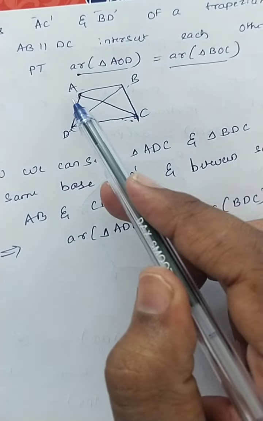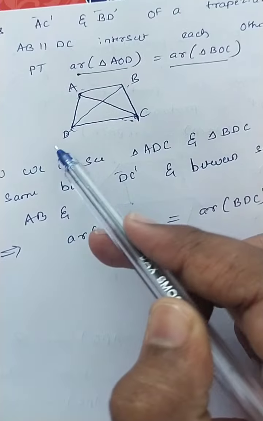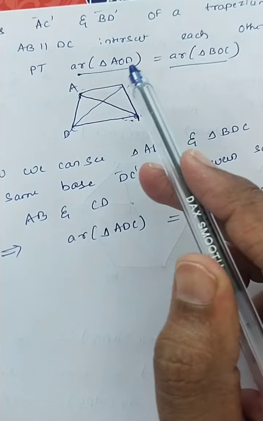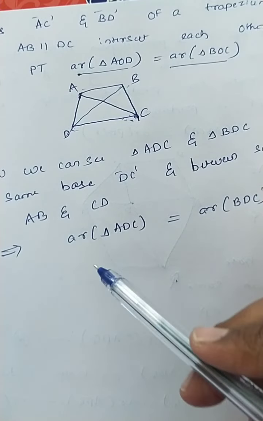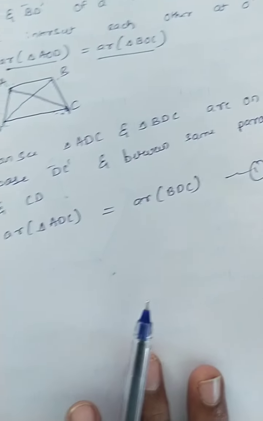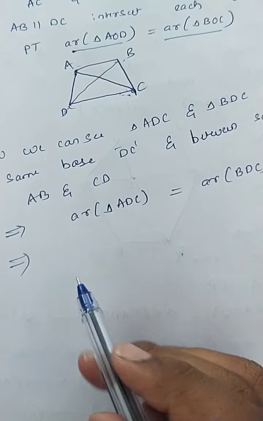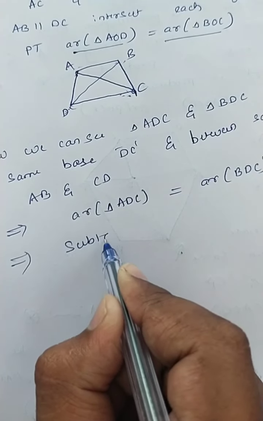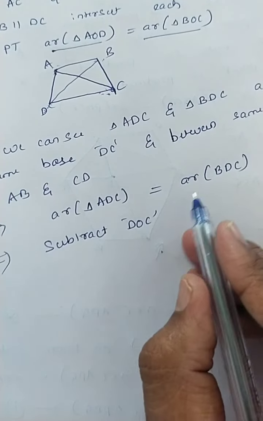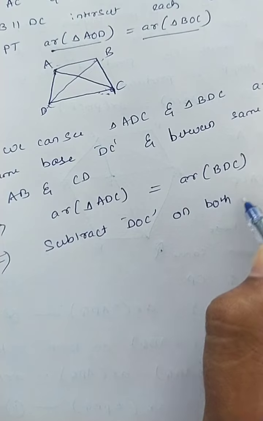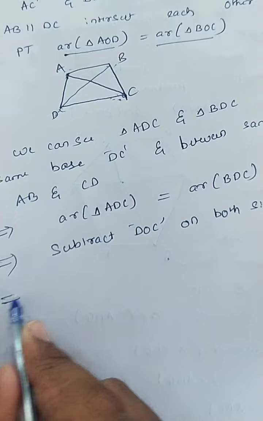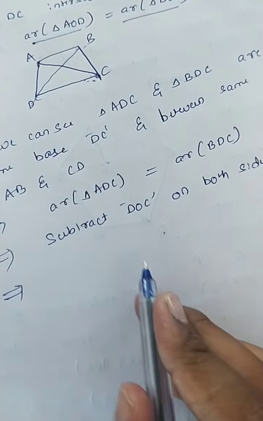So the area of triangle ADC and the area of triangle BDC are standing on the same base DC and between the same parallels AB and DC, and we can write that the area of triangle ADC is equal to the area of triangle BDC. Now what do we have to do? Subtract the area of triangle DOC on both sides. So the area of triangle ADC minus the area of triangle DOC is equal to the area of triangle BDC minus the area of triangle DOC.